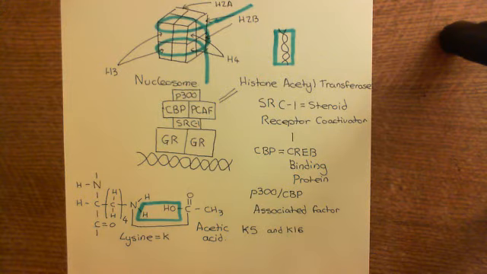So, both the direct transcription factor activity, where you're binding to the promoter region and altering the affinity of the promoter region for RNA polymerase 2, and also the fact that we are modifying the histones so that the DNA doesn't coil quite so tightly around the histones, both of these can alter the likelihood that RNA pol 2 will bind to the promoter region, and therefore the likelihood that the downstream gene will be transcribed.